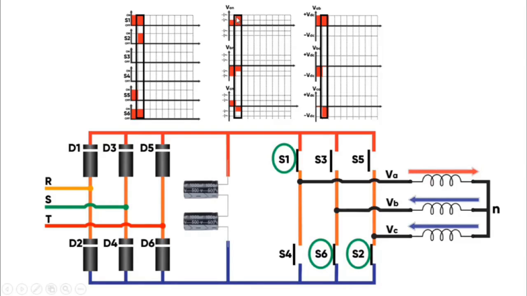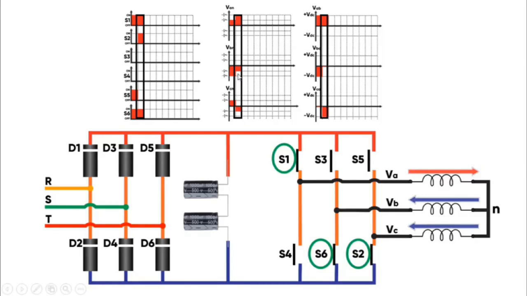That is, just as you can see here, its value becomes 2/3 of VDC, and in this part, since the direction of our current has reversed, if we want to find the potential difference between these 2 points, VBN becomes negative, and it will be minus 1/3 of VDC. At these 2 points as well, since the direction of our current has reversed, VCN also becomes negative and turns into minus 1/3 of VDC.